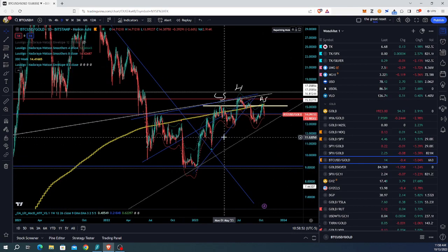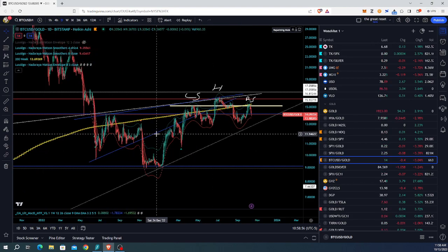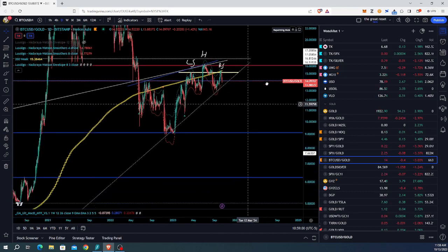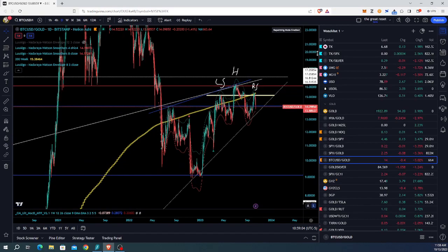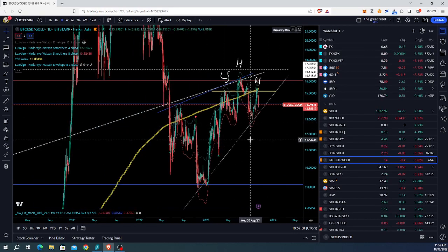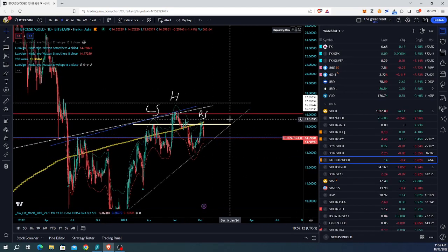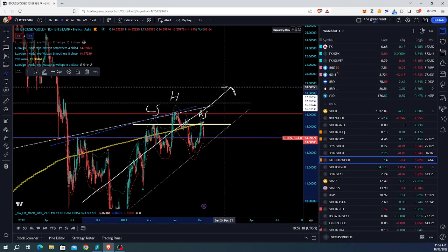We'll get rid of this channel since it's been invalidated, so you can more clearly see what we're dealing with now. So, multiple closes below our 200-week moving average. You can see the moving average is still going up, so Bitcoin could still keep pushing up in this general direction.